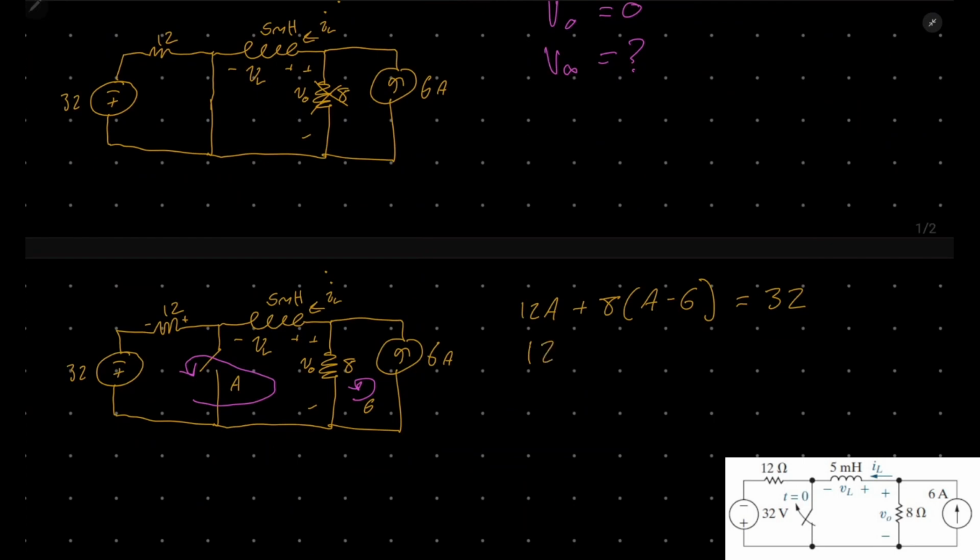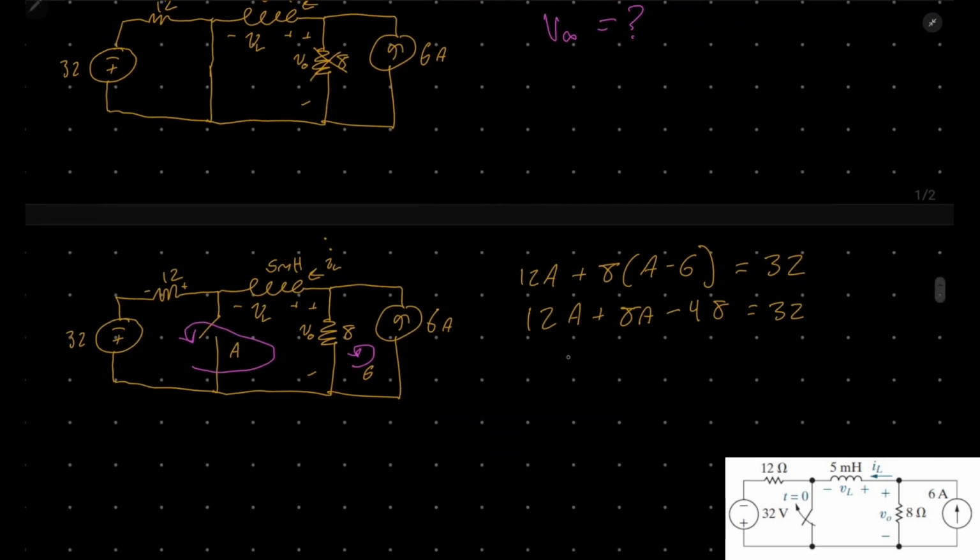Then simplifying, 12A plus 8A minus 48 equals 32. Then we'll add like terms. We'll get 20A equals 32 plus 48, which gives us 80. And then we get A is equal to 4.